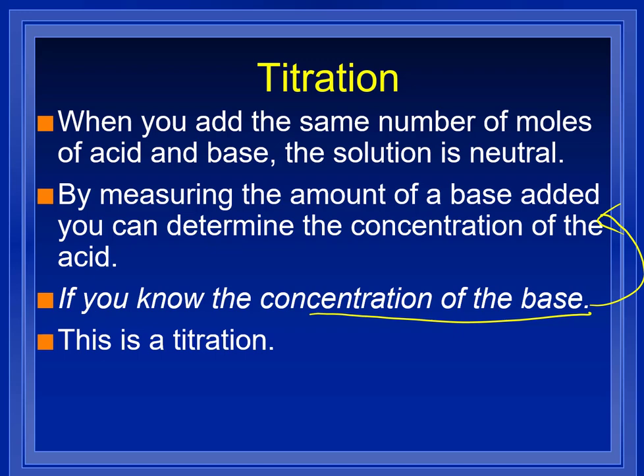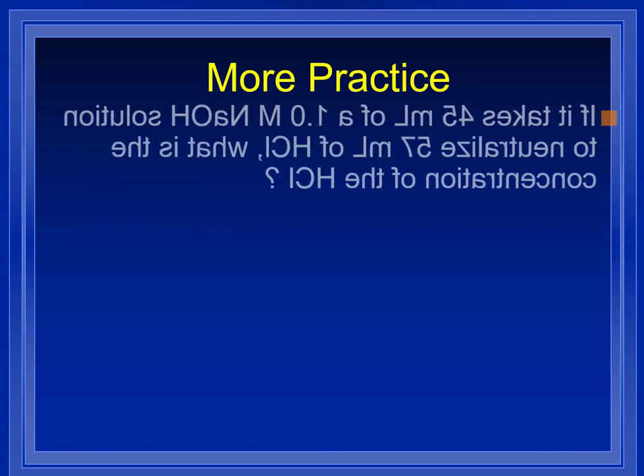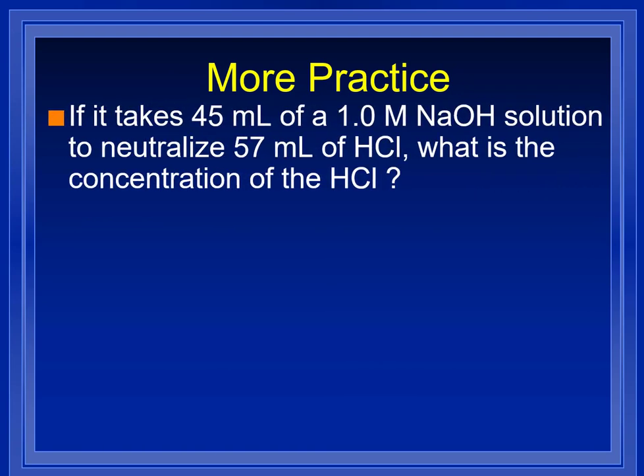Okay? Pretty easy technique to talk about. A little harder to carry out. We'll see that in a second. So it takes 45 milliliters of a 1 molar sodium hydroxide solution to neutralize 57 milliliters of HCl. What is the concentration of the HCl?